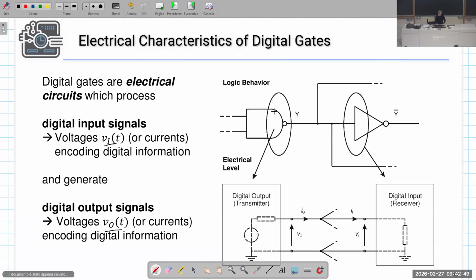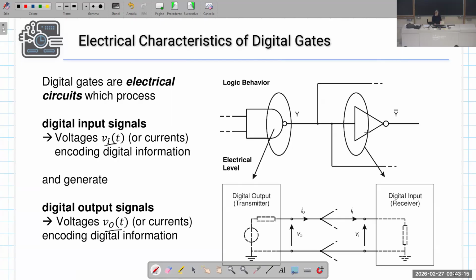So from the electrical point of view, the output of any of the gates that we have introduced is in practice a voltage source, that forces a voltage that should represent the result of the digital operation that is performed.